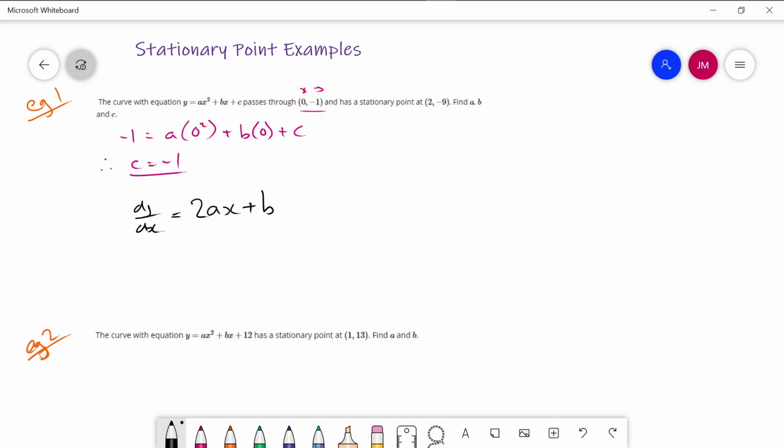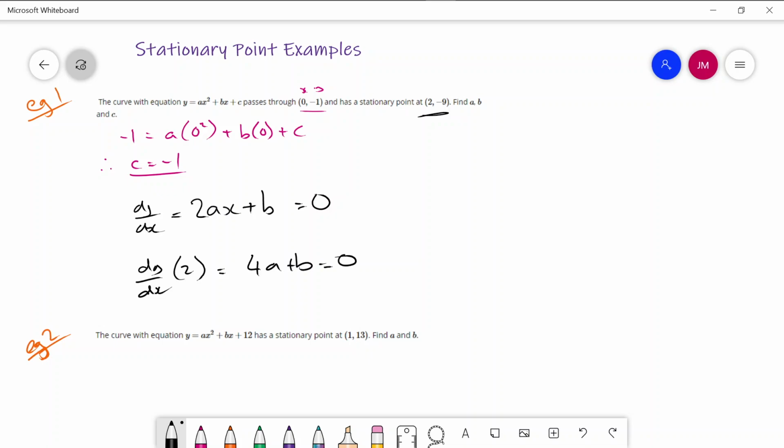Doesn't matter because we knew it was negative 1 anyway. So we're solving when that equals 0. We know it's got a stationary point at x equals 2. So therefore, we can sub in x is 2, it's just going to be 4a plus b equals 0. And that's one equation.